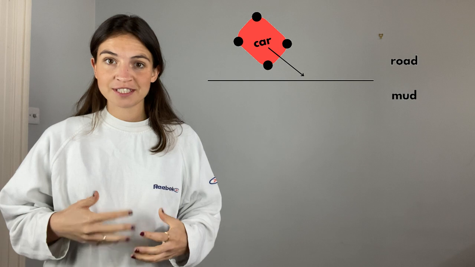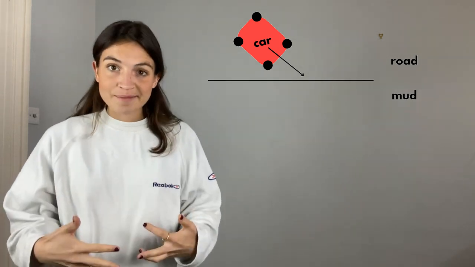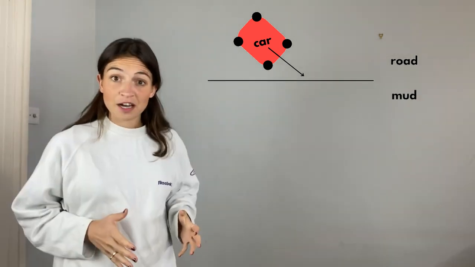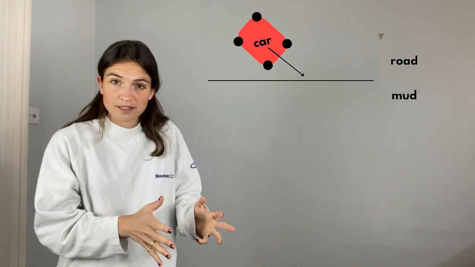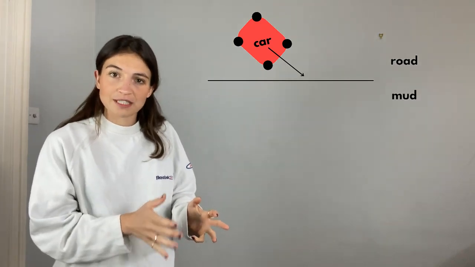Now, my inspiration is running a little low today. So I'm going to use the same analogy that literally any physics teacher ever has used to describe this effect. And that is a car being my light, travelling first on my road, that's my air, and then hitting some mud, which is my glass. As that car travels towards that mud, the first wheel to hit my mud is this one here.